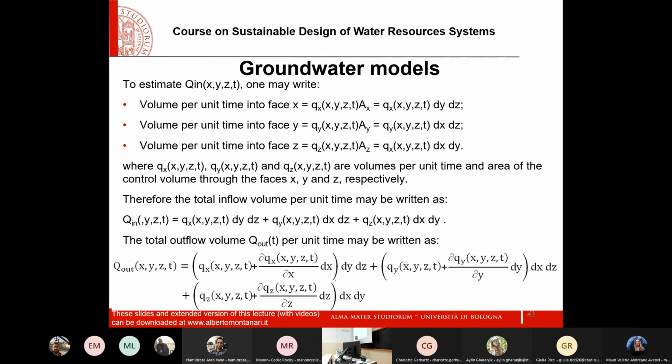So I have lowercase qx plus the change of lowercase qx along the x direction times the x. So this is the flow through one phase, lowercase qx, and the second addendum is the flow through the opposite phase in the same direction.